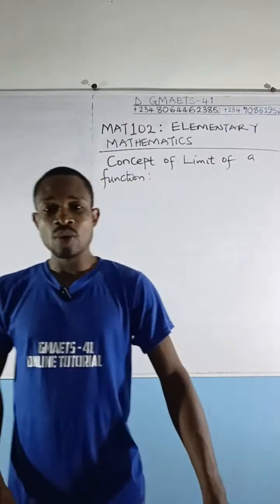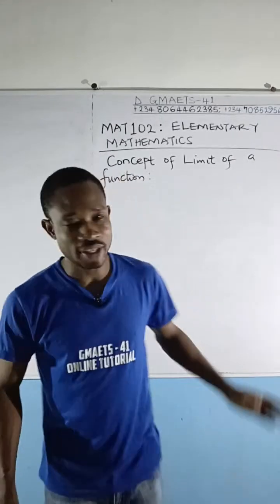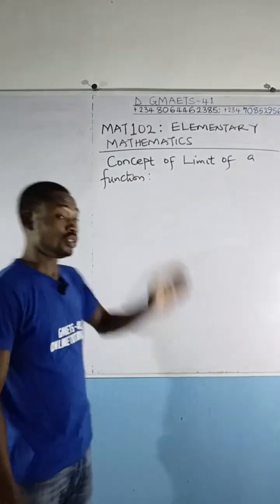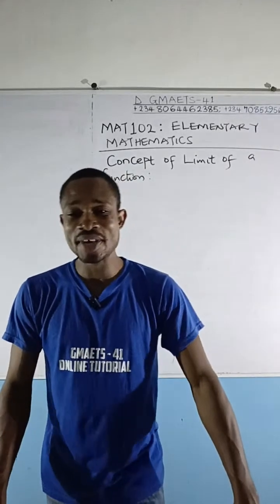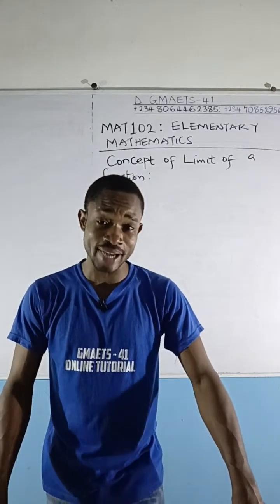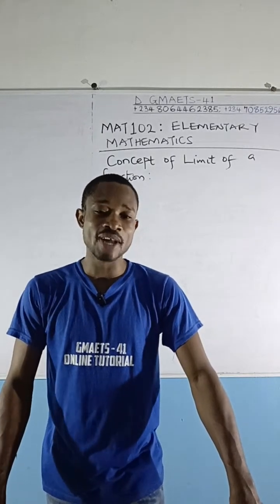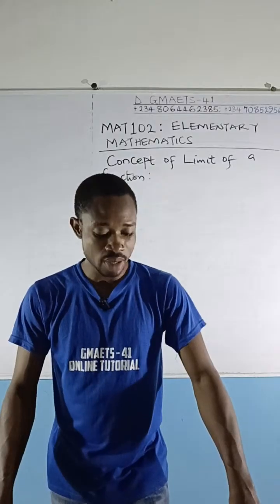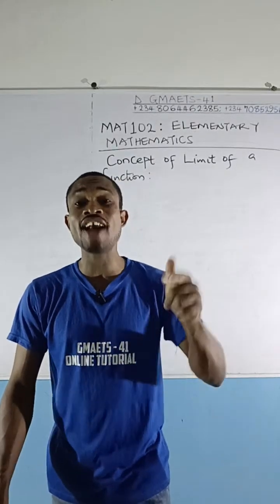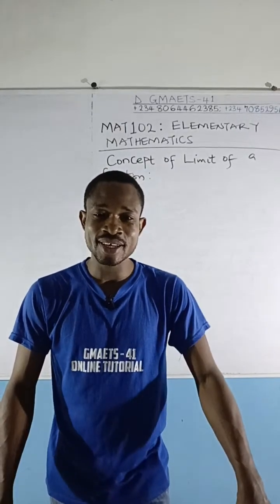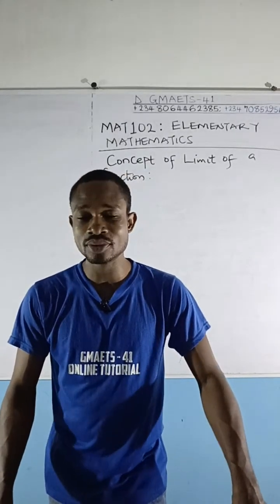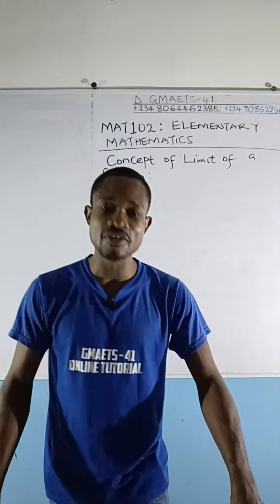So right away, I am going to introduce the definition of limit of a function, and then we pick 1, 2 questions. So when you hear the limit of a function, what comes to your mind? In the simplest term, the limit of a function is simply the value that that function approaches as the independent variable approaches a given value.